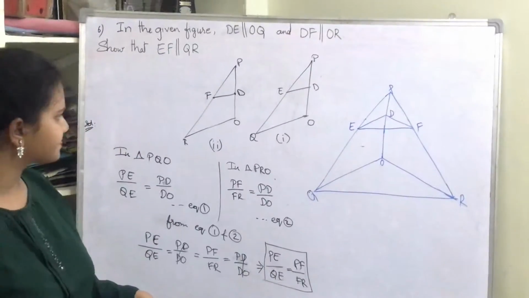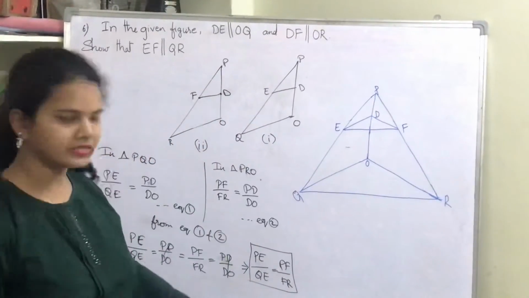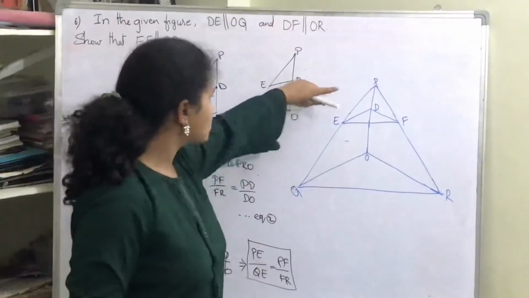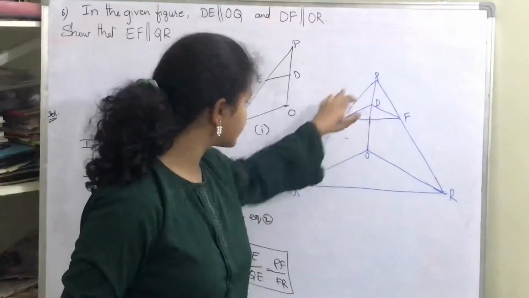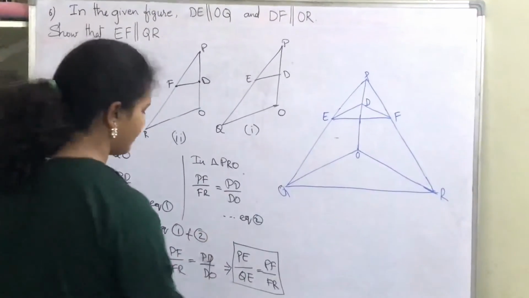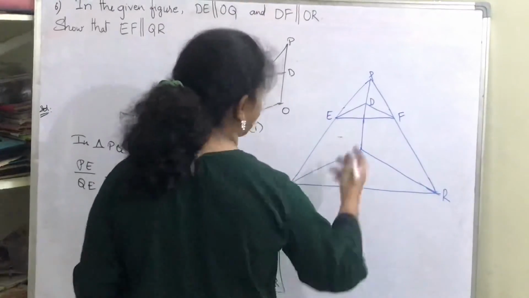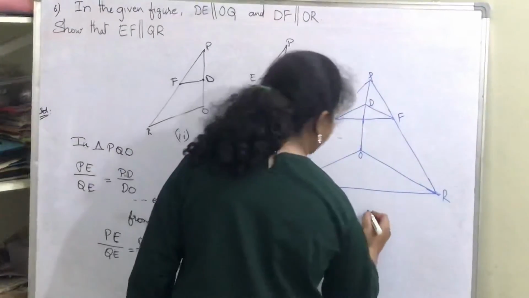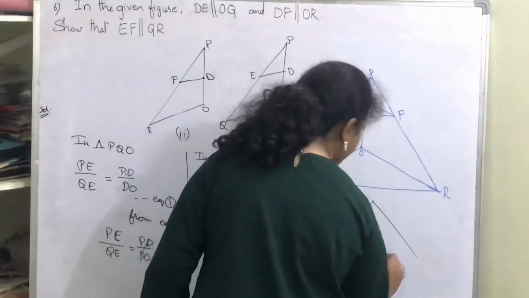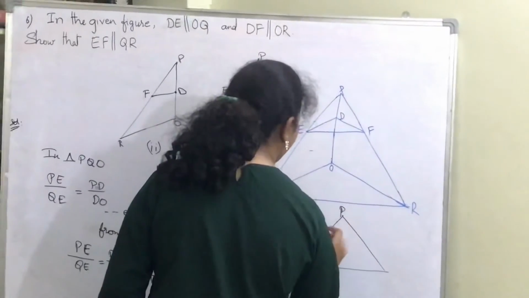Now just consider this equation where I got PE by QE equals to PF by FR. Just observe triangle PQR. Let me draw this PQR over here.